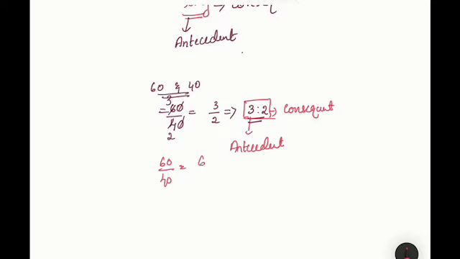I could even write it as 6 by 4, but that's not right. I need to make sure that I cannot divide the numerator and the denominator further. Finally, I should get it in this form. The simplest form should be written. That is the ratio. Hope it is very clear to you all.